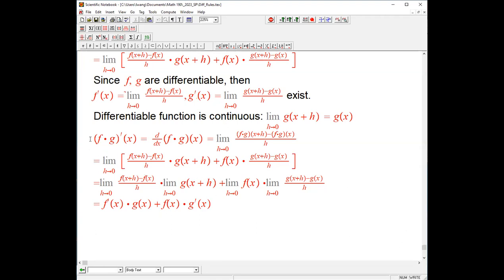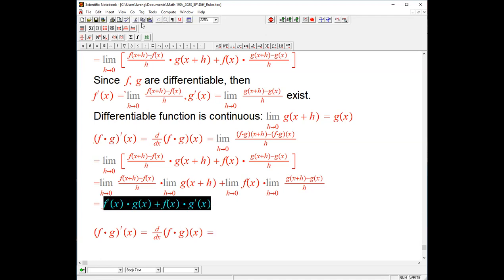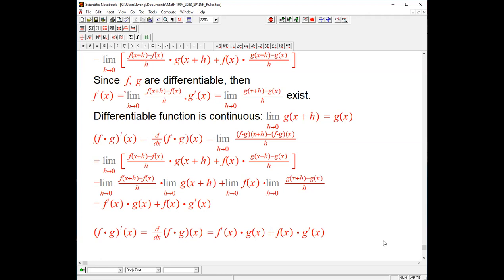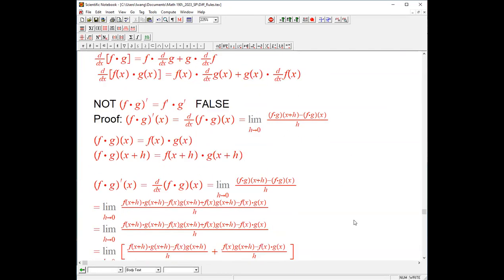So in the end, we got this product rule. If you know the proof, I think it's less likely you're going to make the mistake like this.